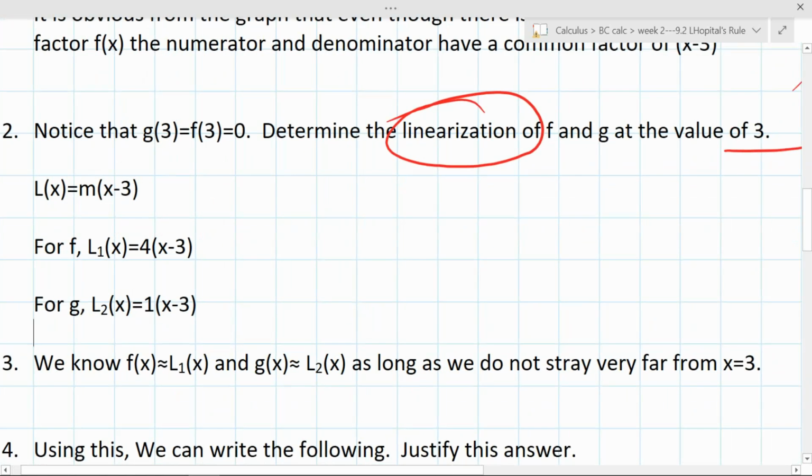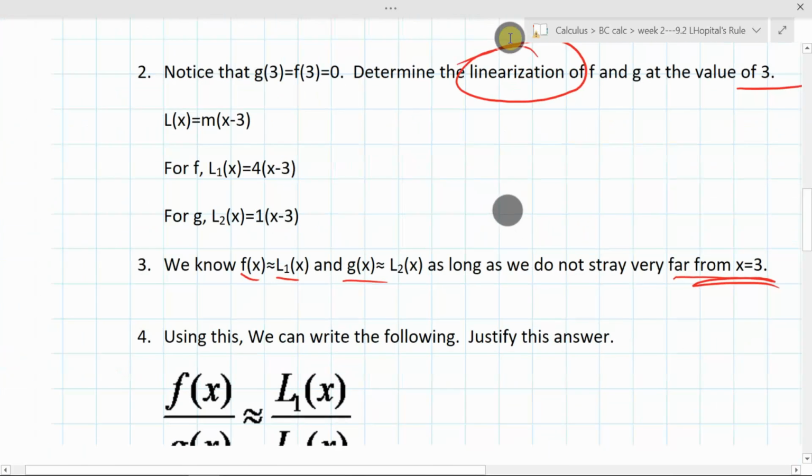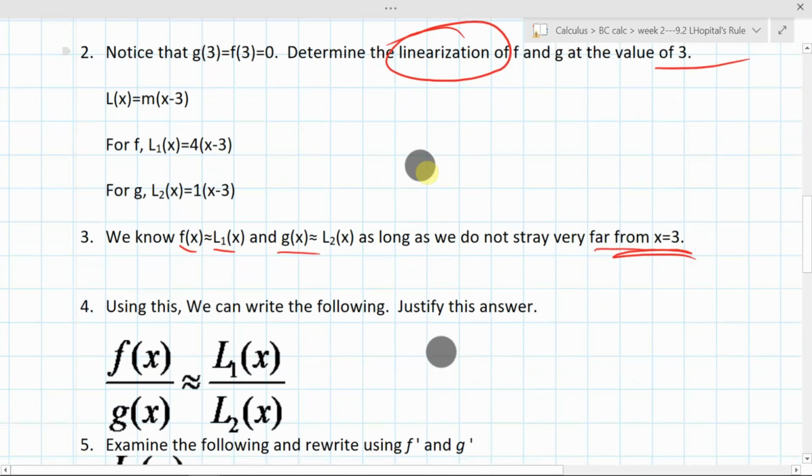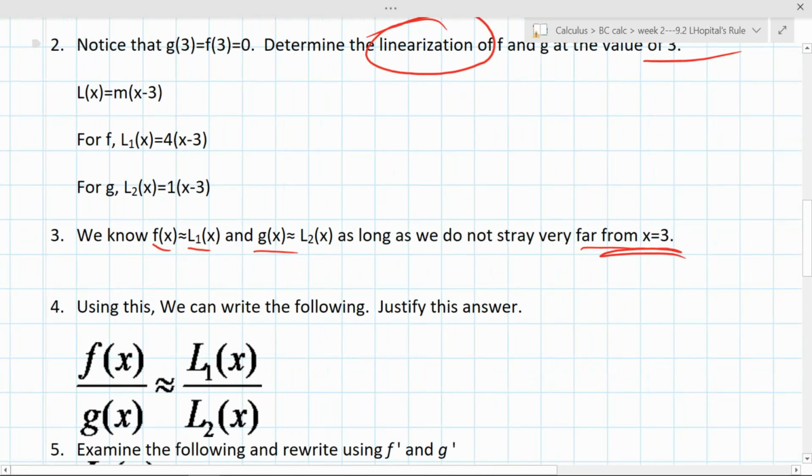Now, think about what linearization was all about. Linearization was saying that as long as I don't move very far away from where I draw the tangent line, those functions should be approximate to their linearization. So it doesn't take a big leap to think that f of x over g of x should be about L1 of x over L2 of x.